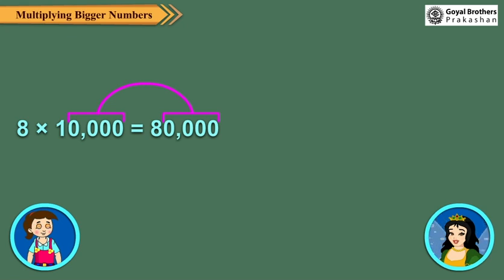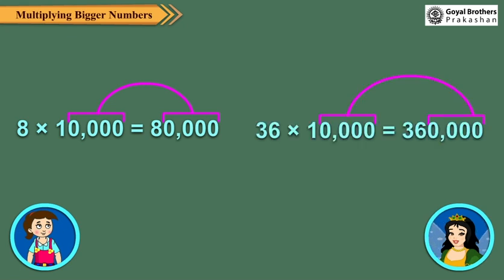For example, 8 into 10,000 is equal to 80,000. 36 into 10,000 is equal to 3,60,000.